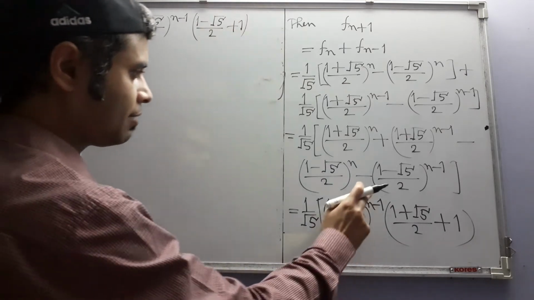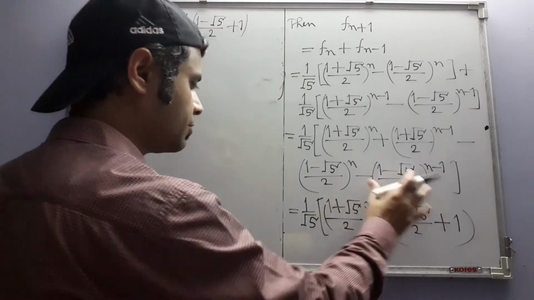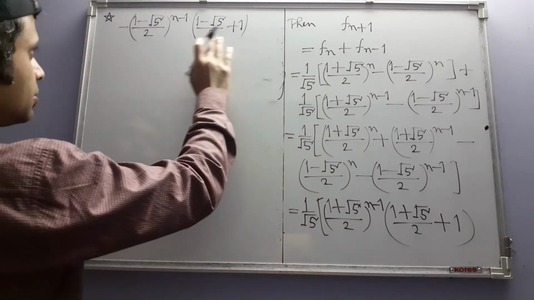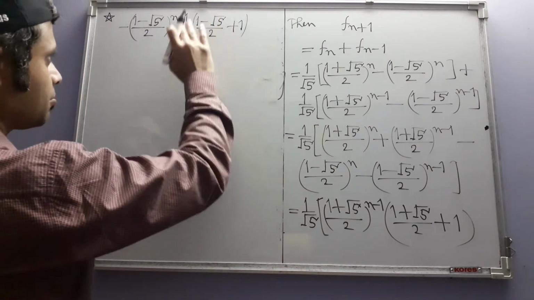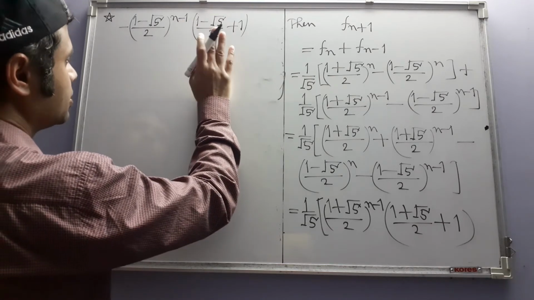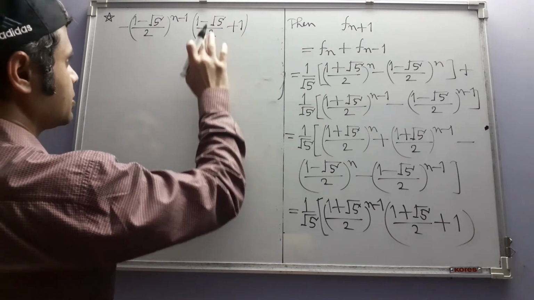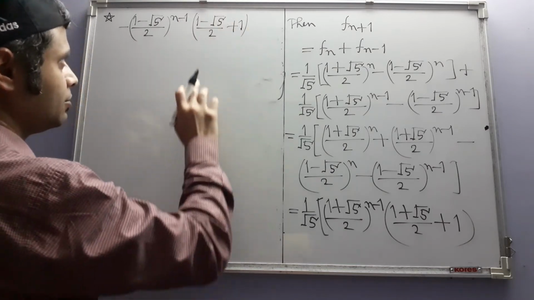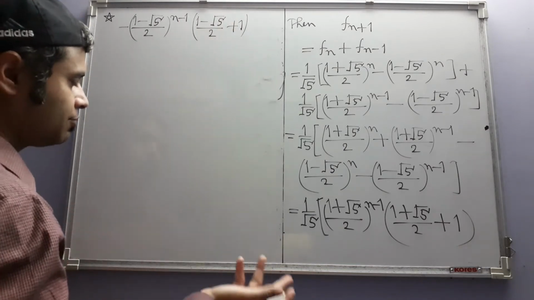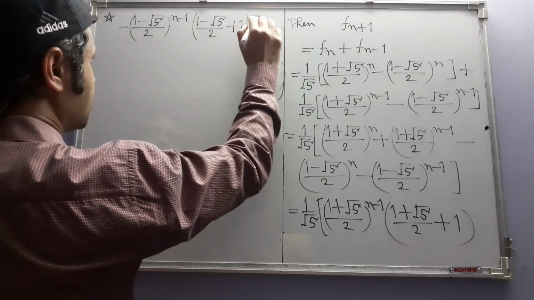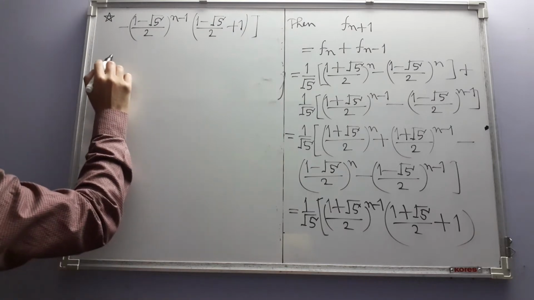Keep in mind we have taken minus of this common out. So inside we have both the terms plus, not positive numbers, because this is not positive, not 2 point something. Yes, so this first term is negative, but positive terms means we are not writing minus here with these things. That's what I mean. Okay.